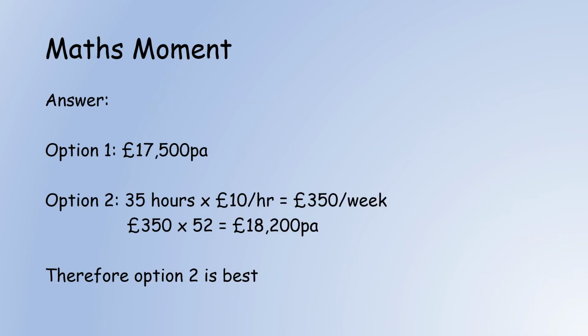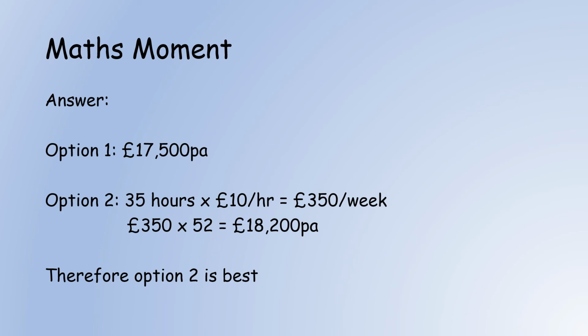Okay, so for the answer for the first one, the maths moment, option 1 was £17,500 a year. Then we had to do a little bit of maths to get to the answer for option 2. The information we were given is that a similar post is available working 35 hours each week, receiving £10 an hour.